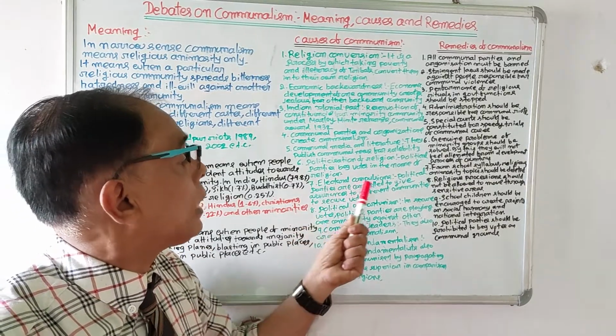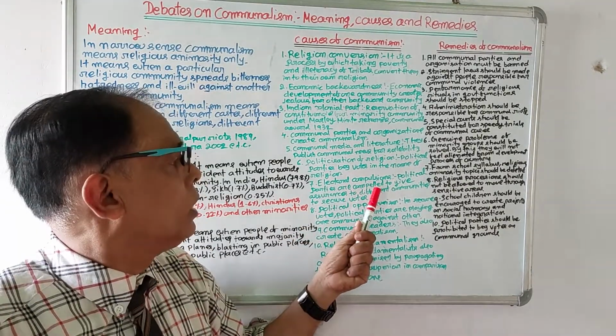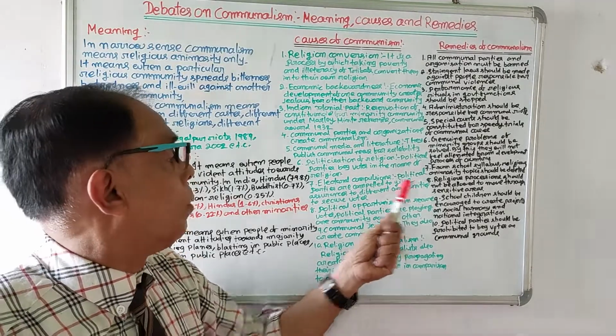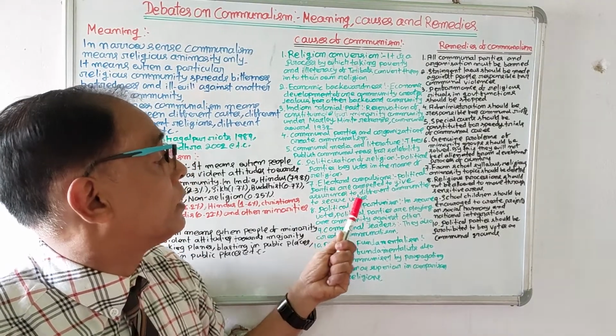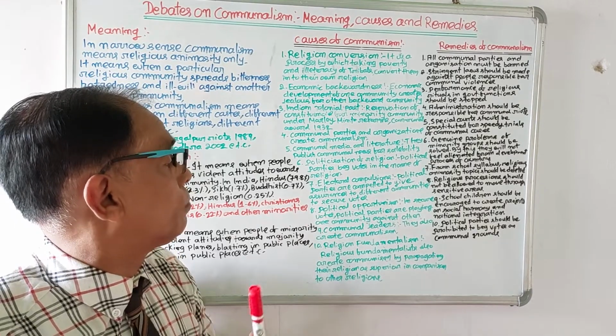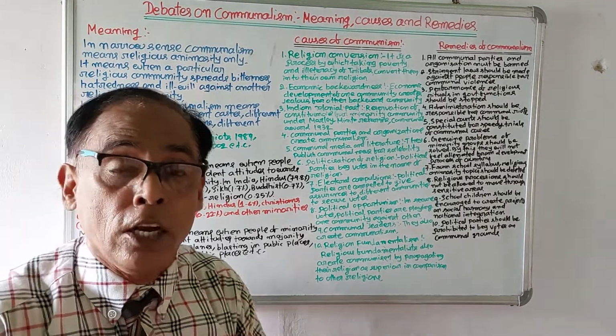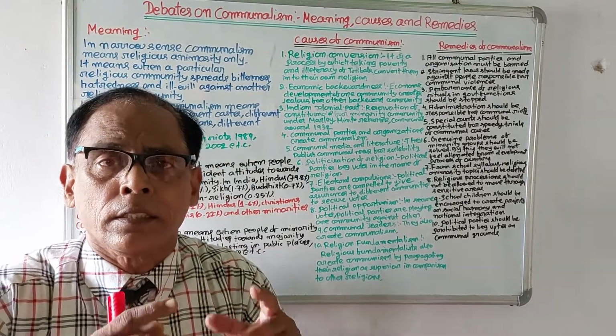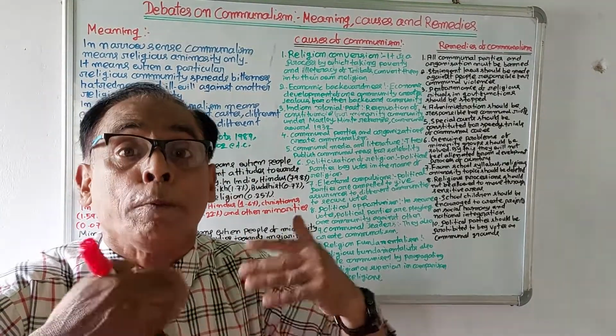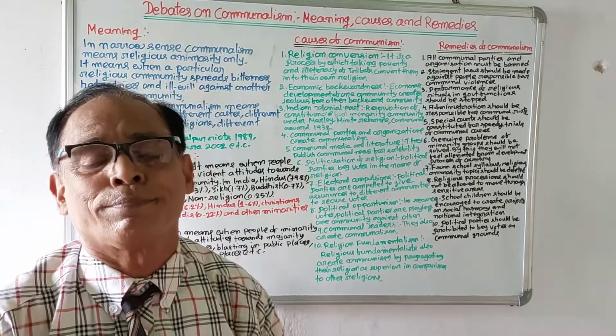Number seven, electoral compulsions. Electoral compulsion means political parties are compelled to give assurances to different communities to secure votes. Nowadays political parties face stiff competition to come to power.